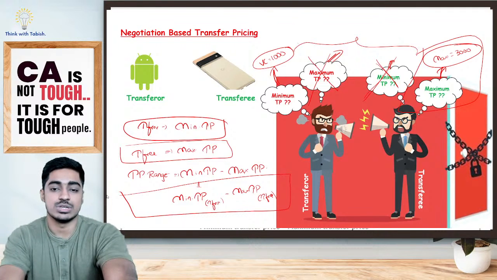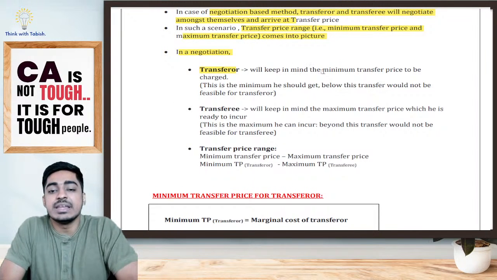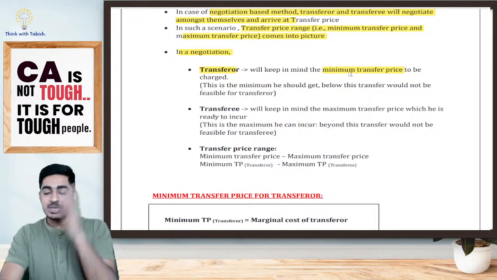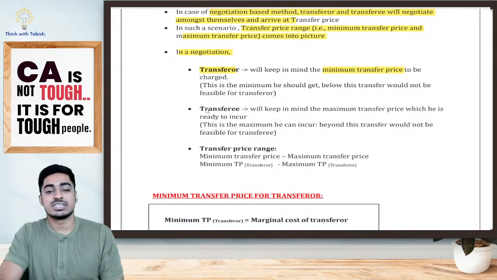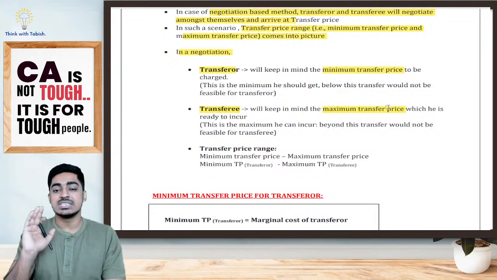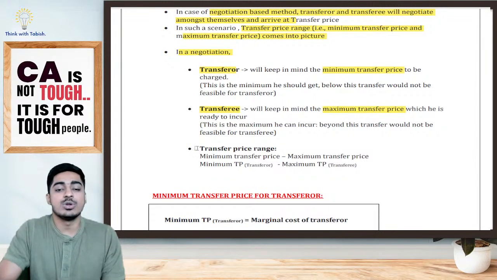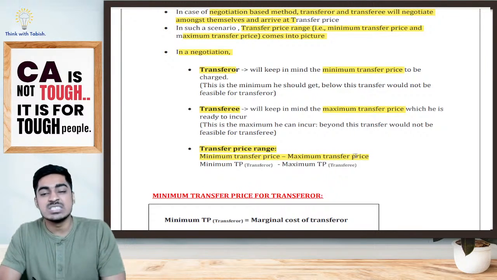Is it clear, students? So in a negotiation, the transferor will keep in mind the minimum transfer price. He will keep in mind, at least this much I have incurred, and at least this much I should get. What will the transferee keep in mind? He will keep in mind the maximum transfer price which he is ready to incur. He will say, maximum I can incur is only 3,000 rupees. And how do we arrive at the transfer price range? The range is nothing but the minimum transfer price to the maximum transfer price.